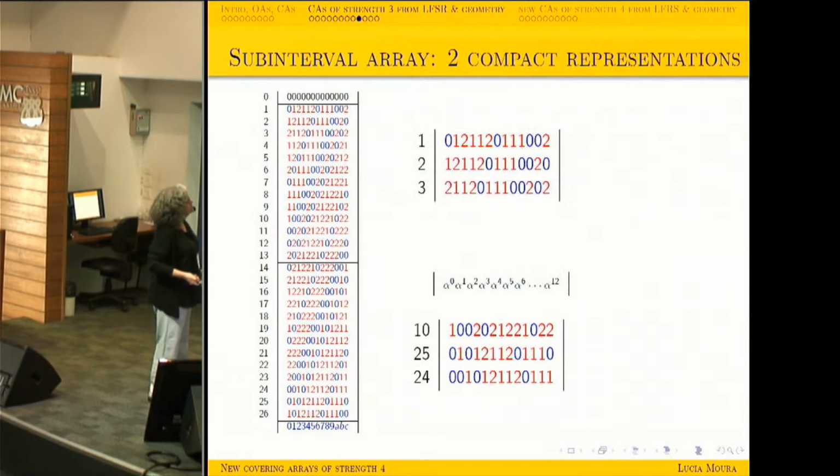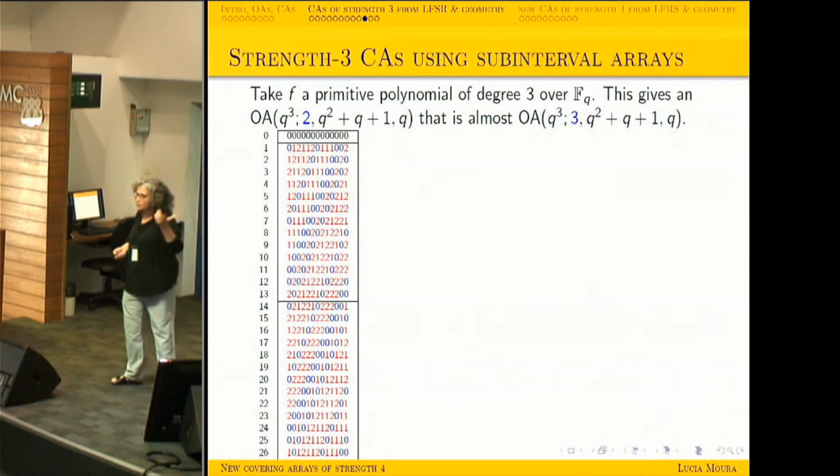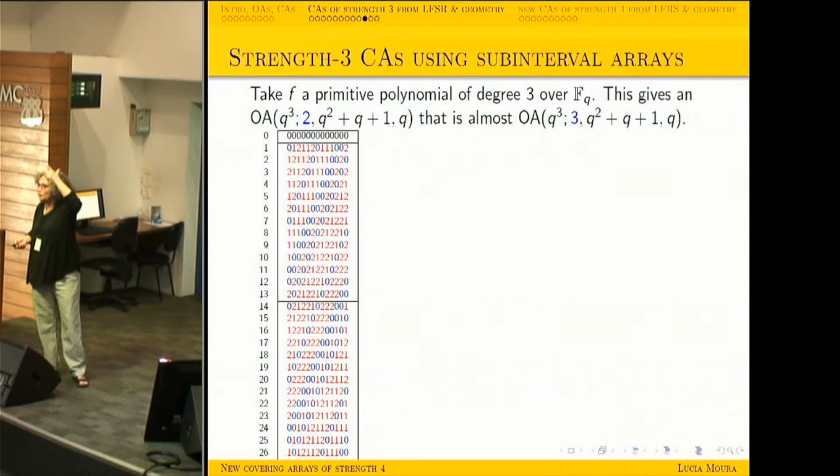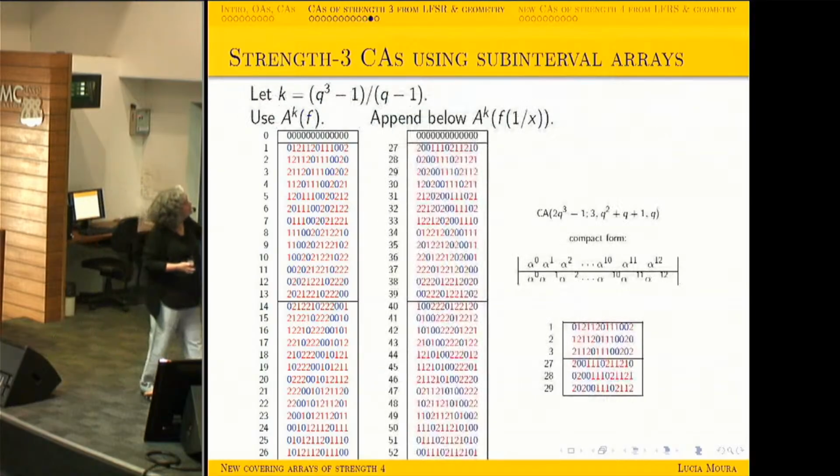Exactly. And then the construction with Raphael was to find another array, right? So here is the first array. The other array will be a different sequence with a different primitive element. The primitive element will be alpha to the minus 1 instead of alpha. It generates the same sequence, and this is a big array like this. It can be generated by just the first 3 rows, linear combinations of the first 3 rows, so a compact way.